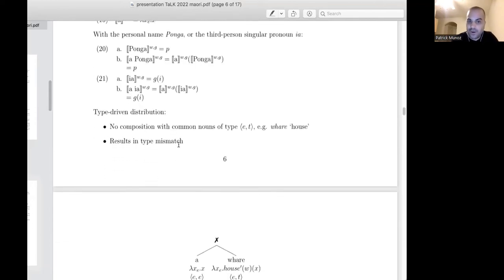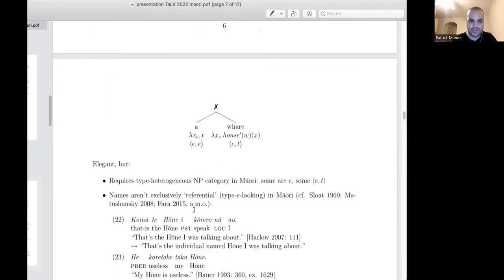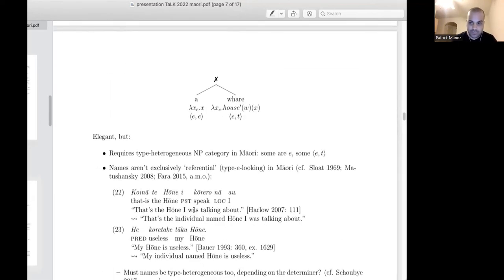That will mean there's no composition with common nouns if you take them to be of a different type. So if they're some kind of predicative type, let's say et, like fare, house, this will result in type mismatch. They can't compose. And so you have an explanation of its distribution, right? It occurs with referential expressions, but not common nouns, just for typing reasons. So it's a kind of e-type marker, if you like.